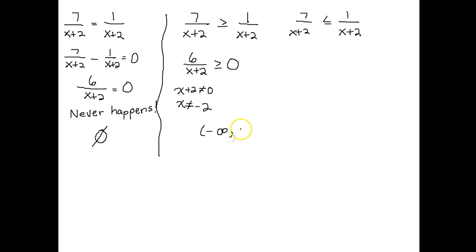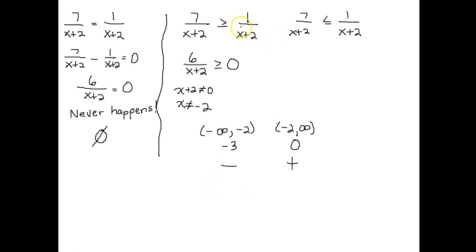So what's happening below negative 2 and what's happening above negative 2. Negative 2 is always going to have parentheses on it because that's where the vertical asymptote is. So let's pick the test points. If we plug in negative 3, we're going to get positive over negative, which is negative. If we plug in 0, we're going to have positive over positive, which is positive.